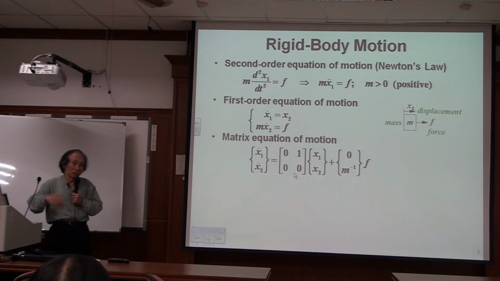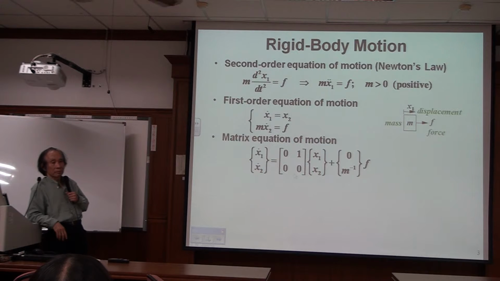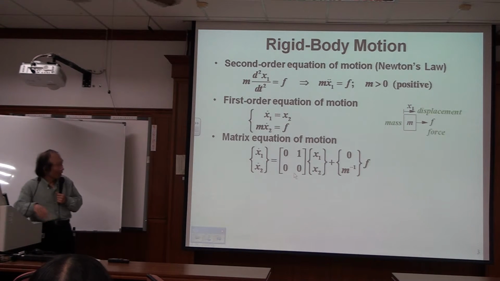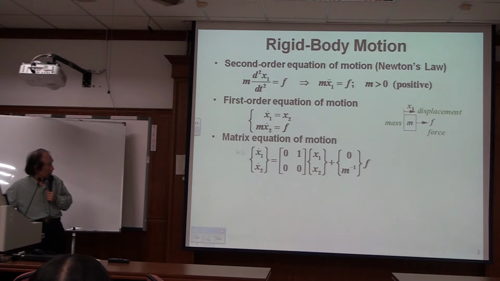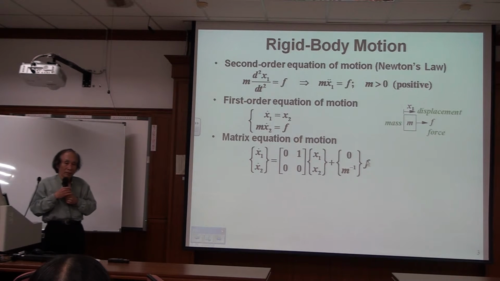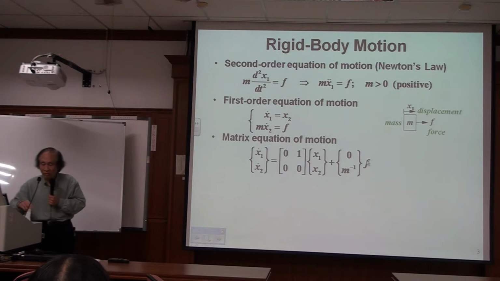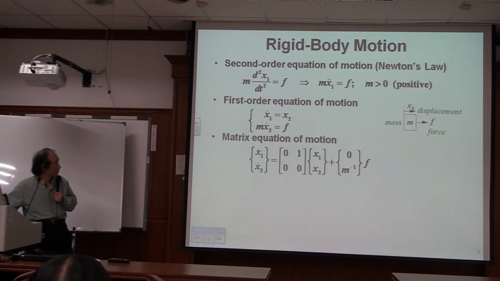Now I introduce a matrix equation. Now I have what is called the matrix equation of motion. The x1 dot, x2 dot equal to the matrix 0, 1, 0, 0, times x1, x2, plus 0, 1 over m times f. But in any control design, almost nobody, except maybe a few like me, uses the second order.